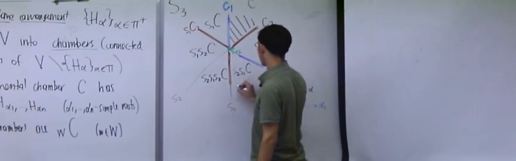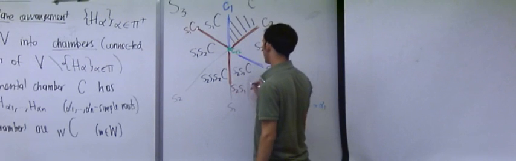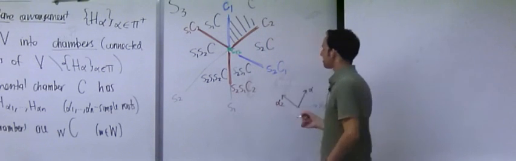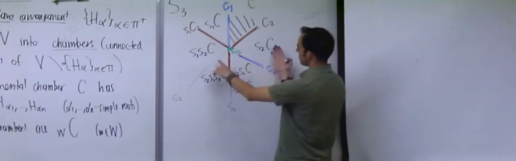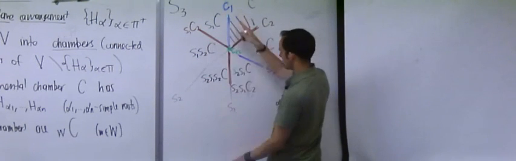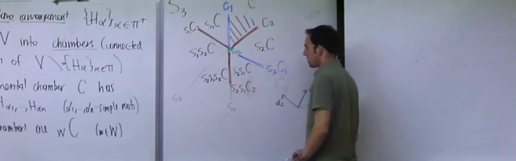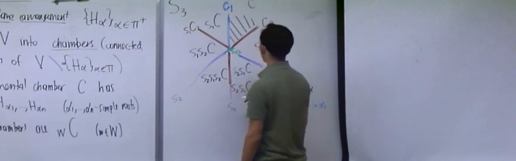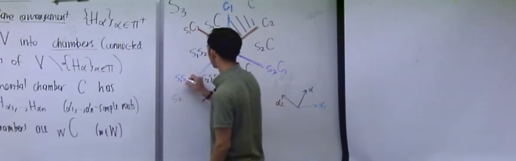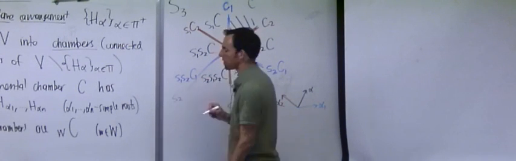And I should call it S2, S1, C2. And then this guy is obtained from this guy by reflecting across S1. And so it deserves the name S1, S2, C1.